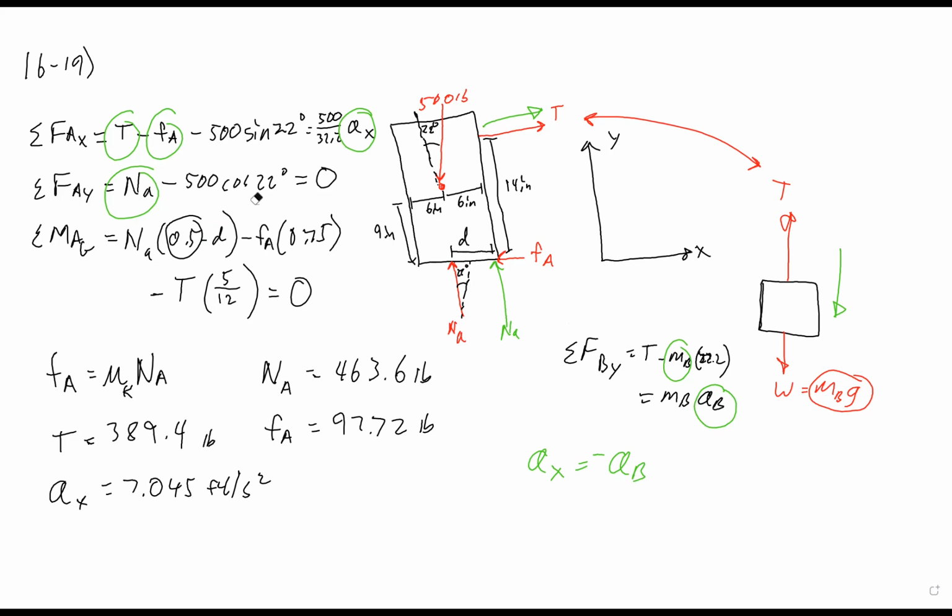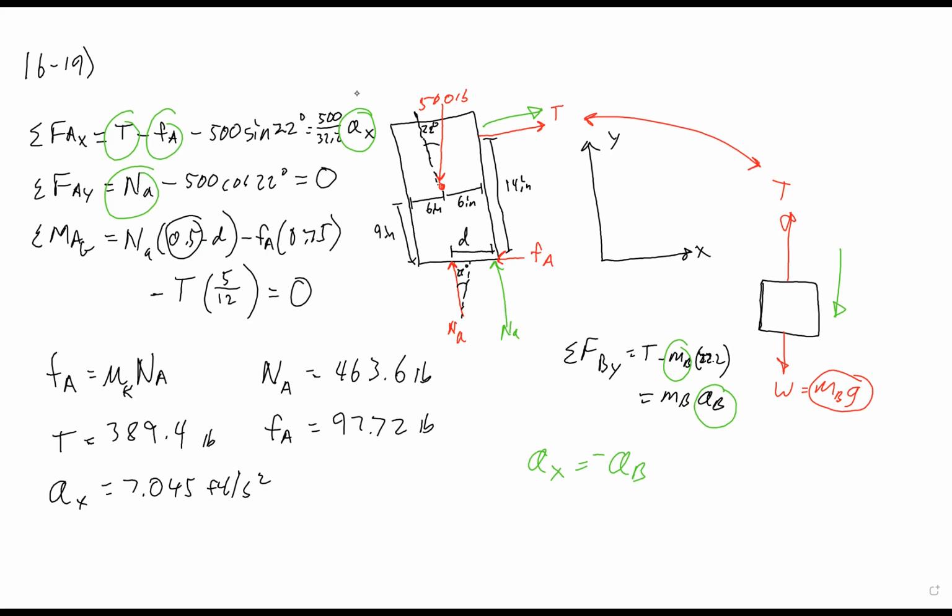So D has become known because block B's scenario has finally been met, where block B's weight is causing the motion of block A. That was probably very confusing, and I was being a bit misleading here in the beginning by giving you the answers, but these are the actual answers.